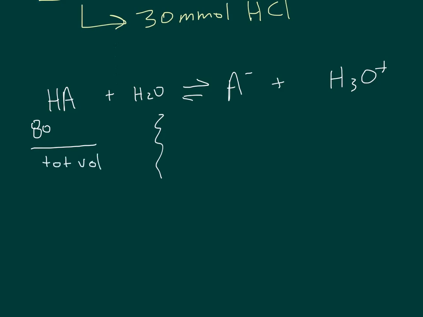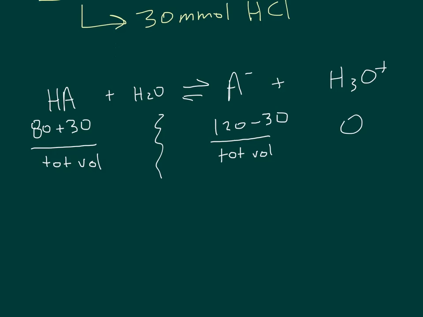It ends up not being important to the calculation. I also started with 120 millimoles of A-, in the same total volume, and no hydronium ion. When I add the 30 millimoles of HCl, remember, that is going to react with and consume 30 millimoles of A-. And when HCl gives a proton to A-, it becomes additional HA.